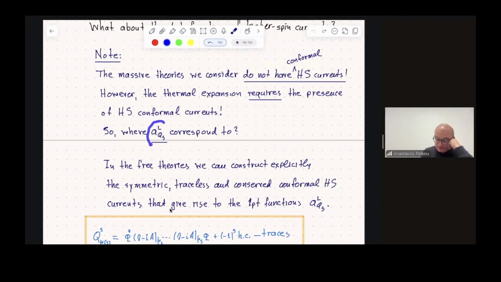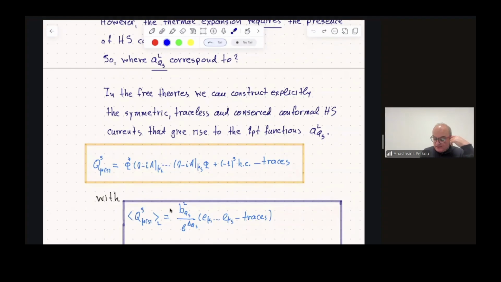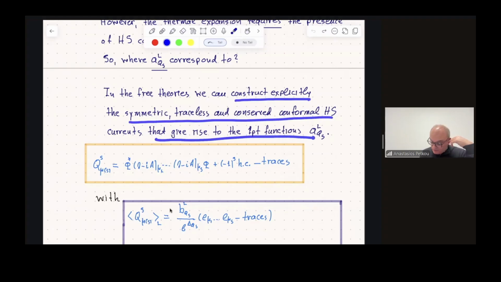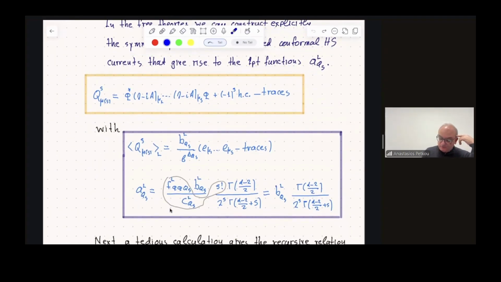So what are these guys here that we have found and calculated? Well, what saves the day is that we are in a free theory and we can construct explicitly the symmetric traces and conserved conformal higher spin currents that give rise to these functions. This is again a little bit technical. I will not bother you with that a lot.